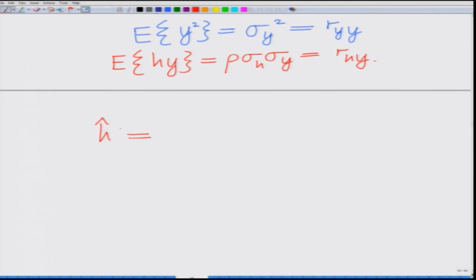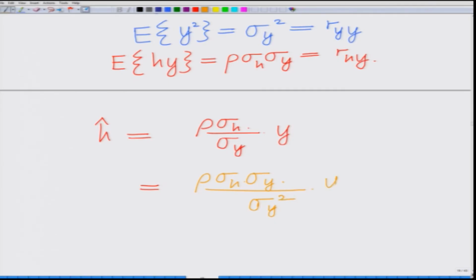So, this is basically your rho sigma h divided by sigma y times y, and now I can simplify this as follows. That is rho sigma h sigma y, multiplying and dividing by sigma y, I have rho sigma h sigma y divided by sigma y square times y.